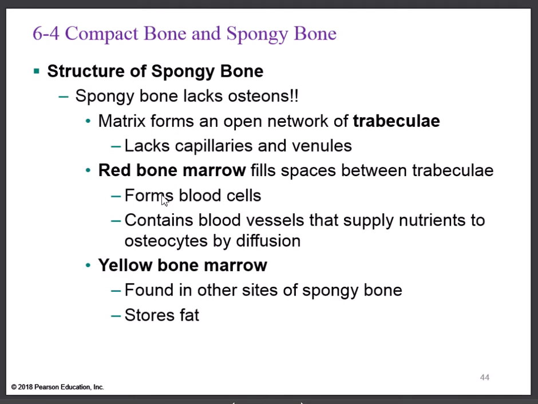Let's compare now the compact bone to spongy bone. If you notice here, and I even put a little exclamation point, spongy bone does not have osteons. Right? It does not have osteons. Instead, what makes up spongy bone, to give it that kind of porous look, are these little bony struts called trabeculae.